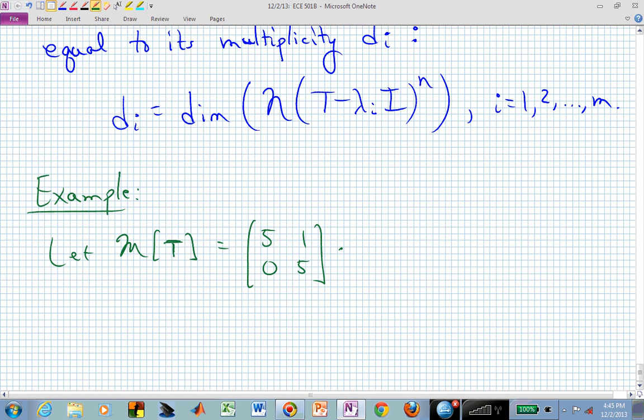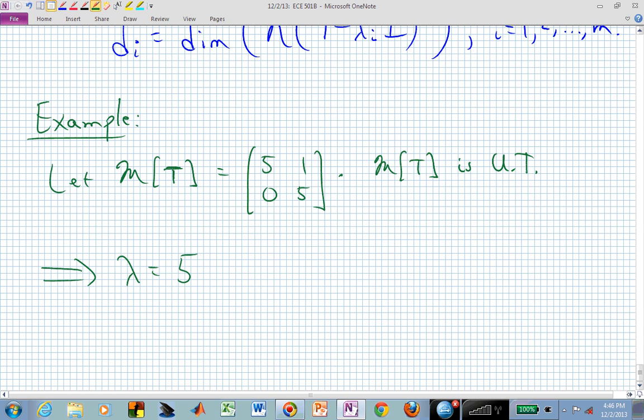That's upper triangular. The eigenvalues are on the diagonal. We only have one unique eigenvalue, which is 5, but it's repeated. Or we have a 5 for an eigenvalue with multiplicity of 2.